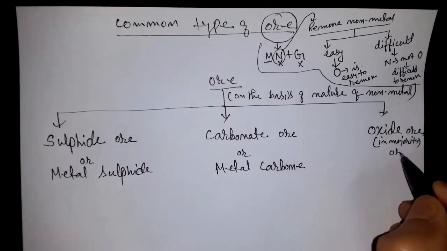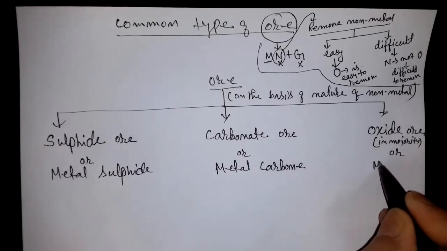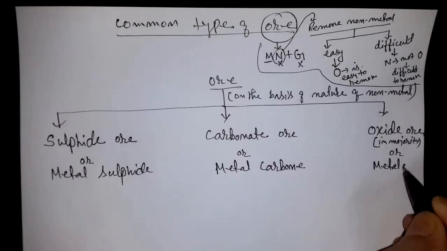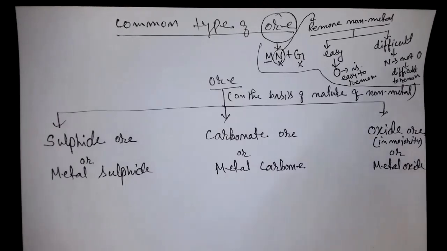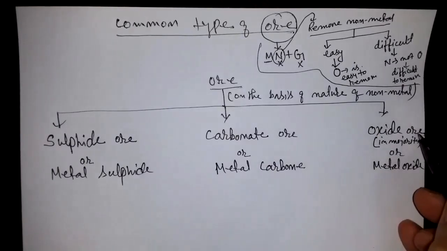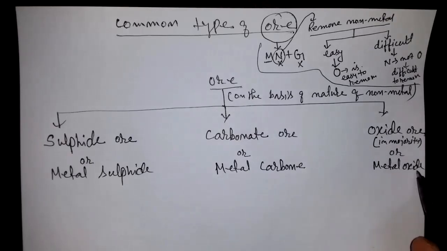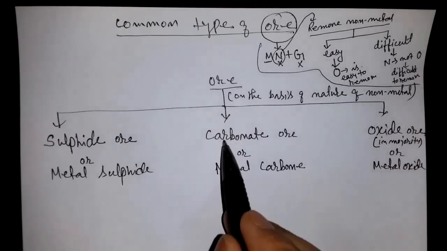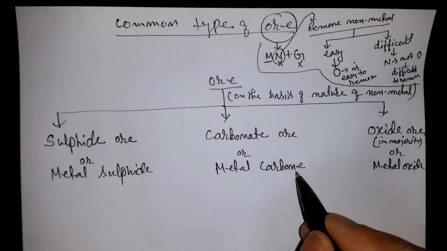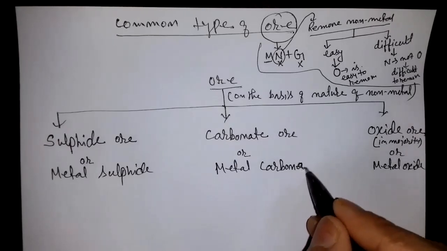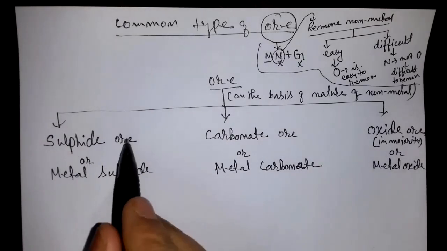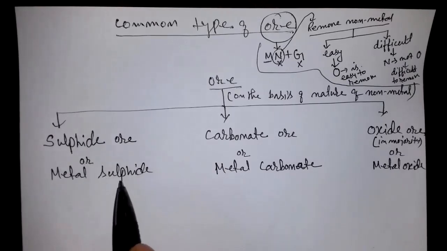And the other name of oxide ore is metal oxide. So in the textbook, if you're reading oxide ore on one page, and on another page they're saying metal oxide, you treat both as the same thing. Similarly, carbonate ore or metal carbonate, both are the same thing. Similarly, sulphide ore or metal sulphide, both are the same thing.